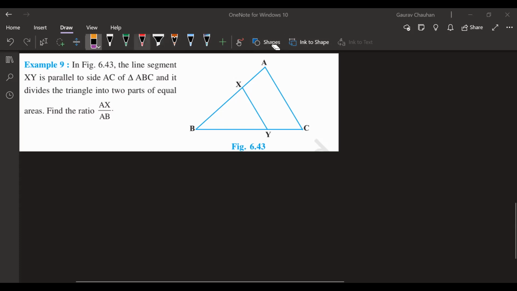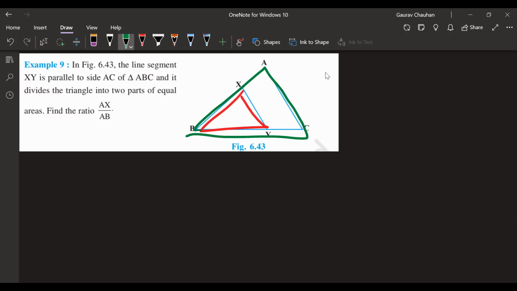Okay. So we are starting to think, is there any similar triangles available here? Just to see if I can apply this theorem in any way to get to some ratio. Tell me, MG, what are you thinking? Sir, we'll prove that triangle BXY is similar to triangle BAC.